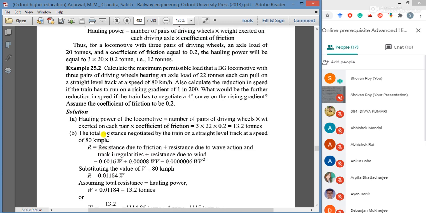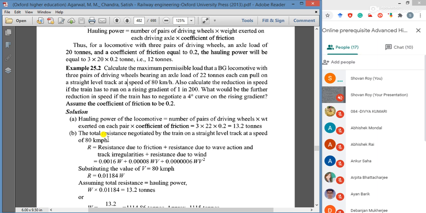Now let's see the first problem. It is said: calculate the maximum permissible load that a broad gauge locomotive with 3 pairs of driving wheels bearing an axle load of 22 tons each can pull on a straight level track at a speed of 80 km per hour.